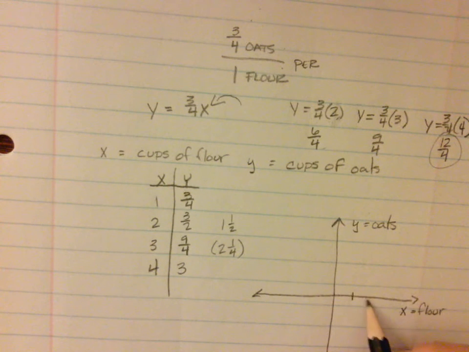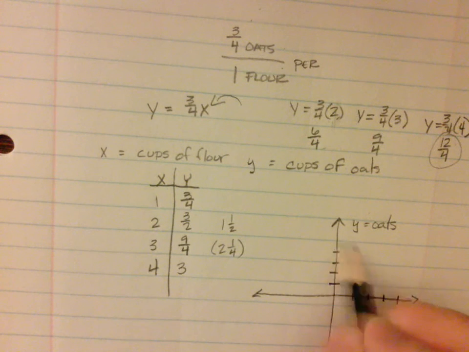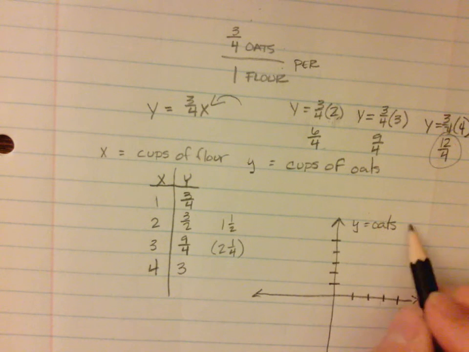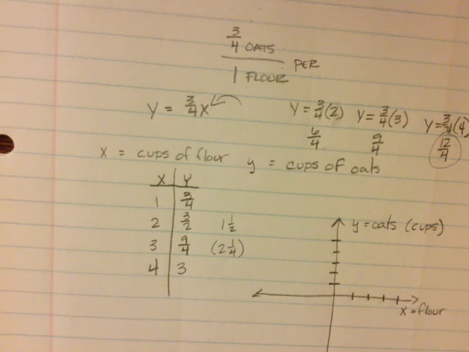And I'm going to mark this off in 1 cup, 2 cups, 3 cups, and 4 cups. And then I'll do the same here. 1, 2, 3, 4, 5. This would be cups. That's our unit of measure. We should probably indicate that too.